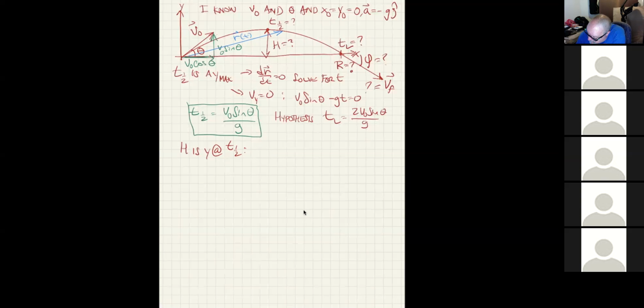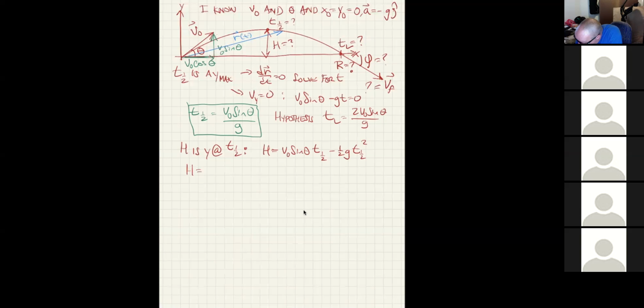So I'm going to say h is equal to, if we remember what y was, it was v0 sine theta t. I've got to put a 1/2 there now, minus 1/2 g t 1/2 squared. So that is actually what we had written down for the y component of the r vector. Now I just have to plug in that t 1/2 and that'll give me h.